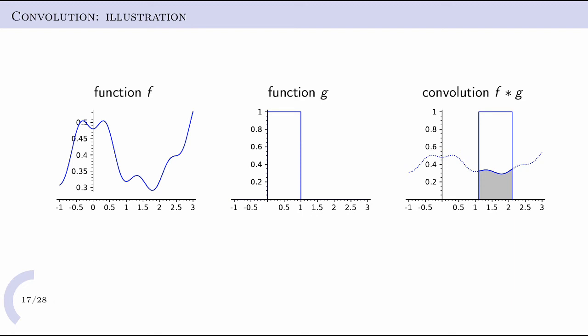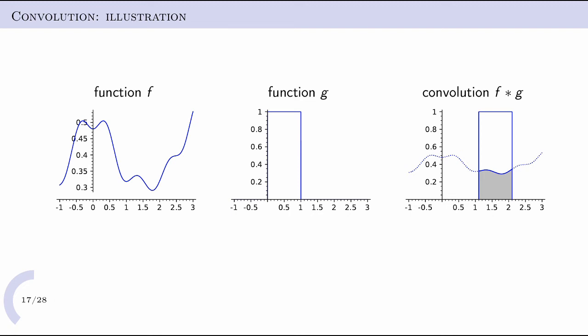So it's the characteristic function of the interval [0, 1]. The convolution of f star g at a given argument, at a given parameter x, is just computed by shifting this graph of g so it sits at x, and then we compute the integral of the product of these two functions.